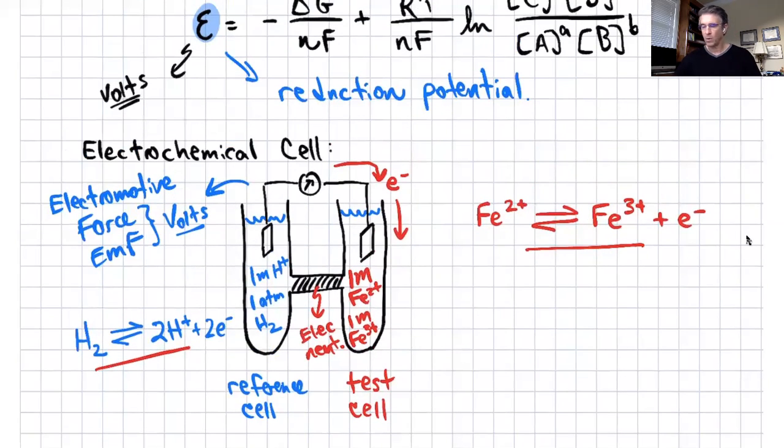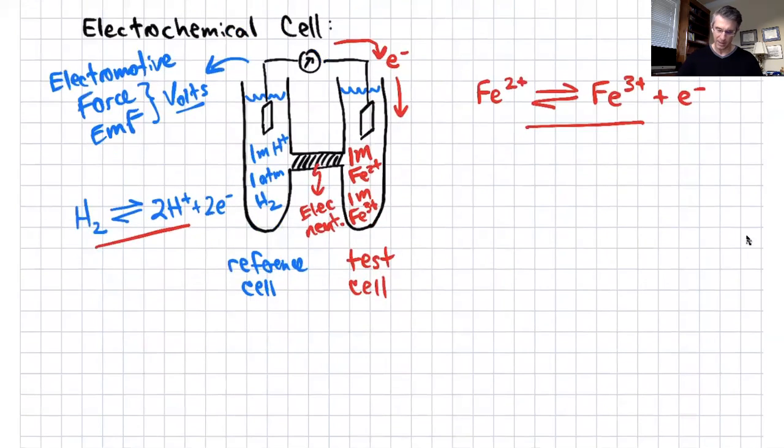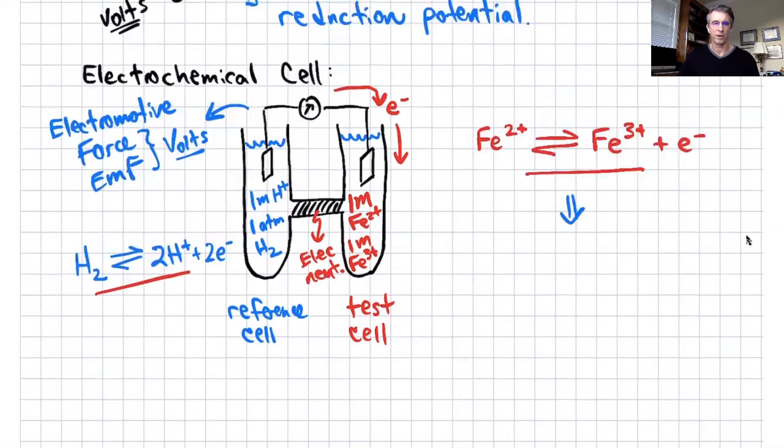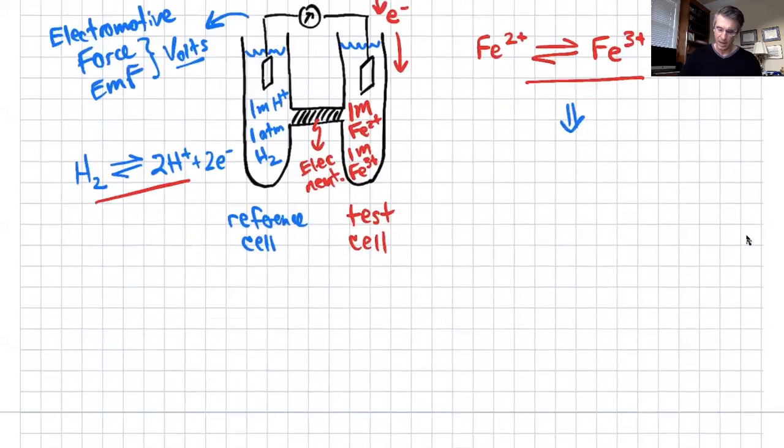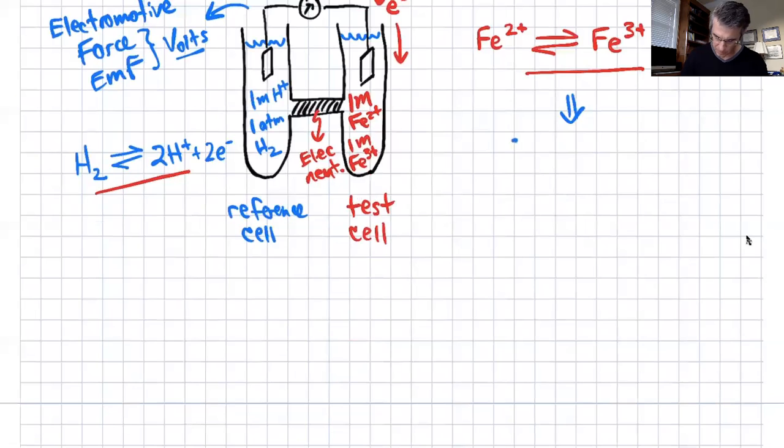Okay. So now every redox reaction, say like this iron 2, iron 3, is going to have associated with it a standard reduction potential, right? Just like we saw with standard free energy values, delta G naught, right? We're going to have reduction potentials that are going to be referenced to some standard state, right?